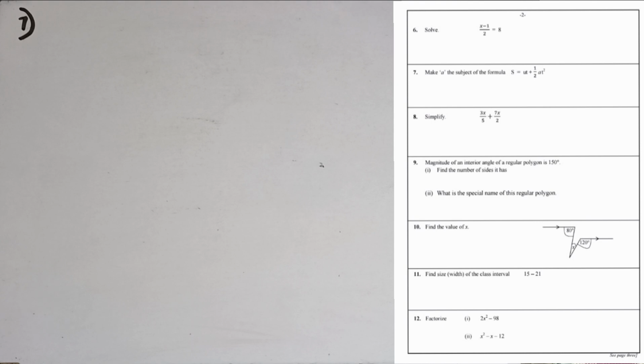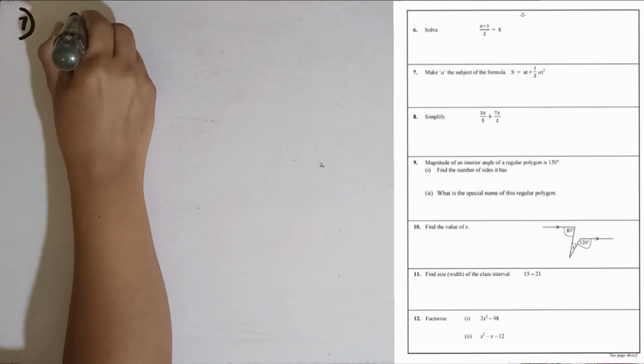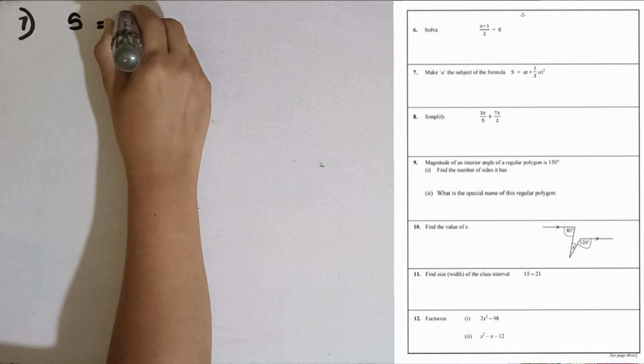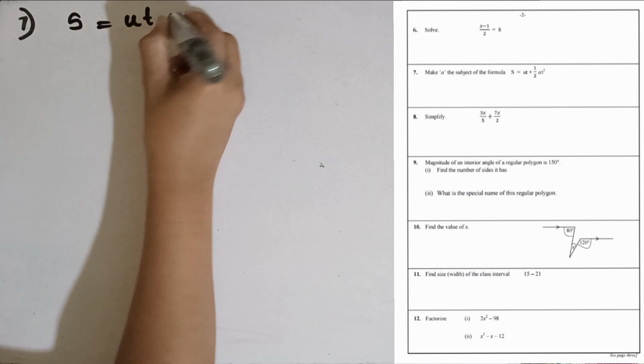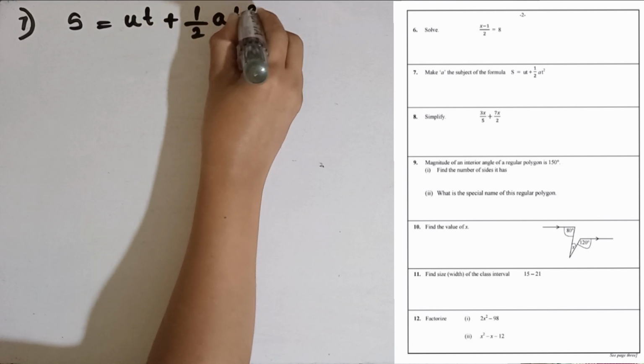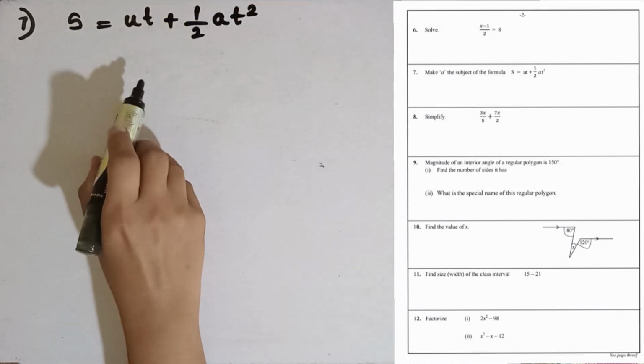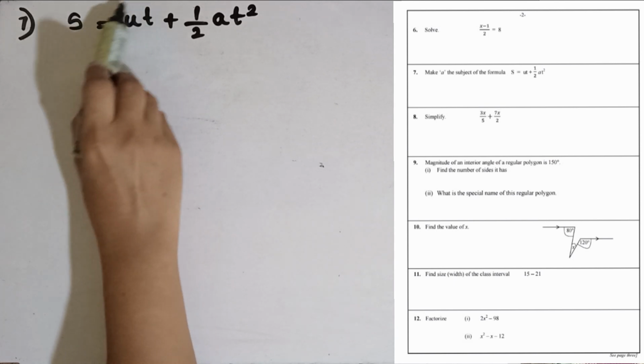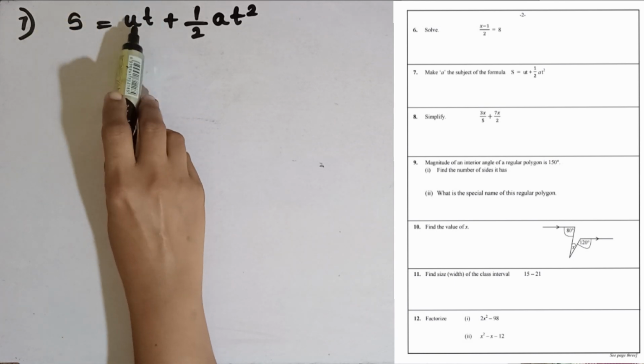Question number 7. Make a the subject of the formula s equals ut plus half at squared. We have to make a the subject. First we will remove this ut, the product of ut.